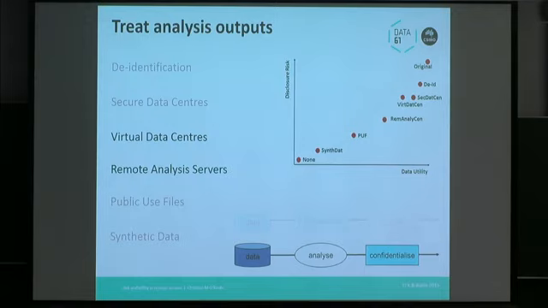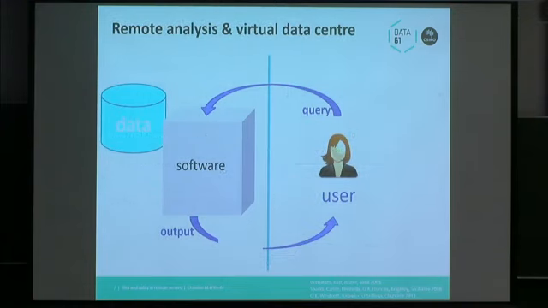These two also have the benefit that you're analysing more or less the real data and then doing some confidentiality process on the output, which conceptually in some situations is quite appealing. But I go back to the point that we need all the approaches, and understanding when they're applicable is really important. So I'll talk a little more about remote analysis and virtual data centers.